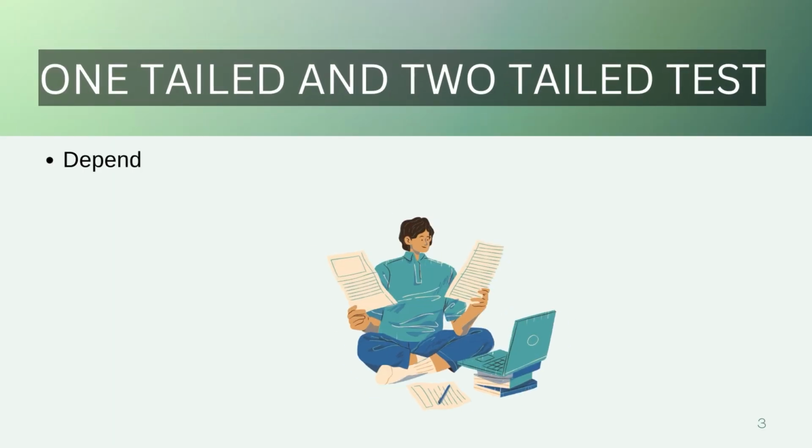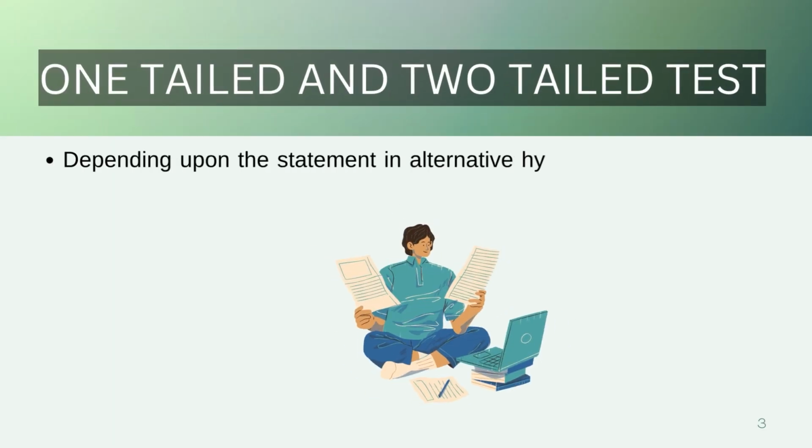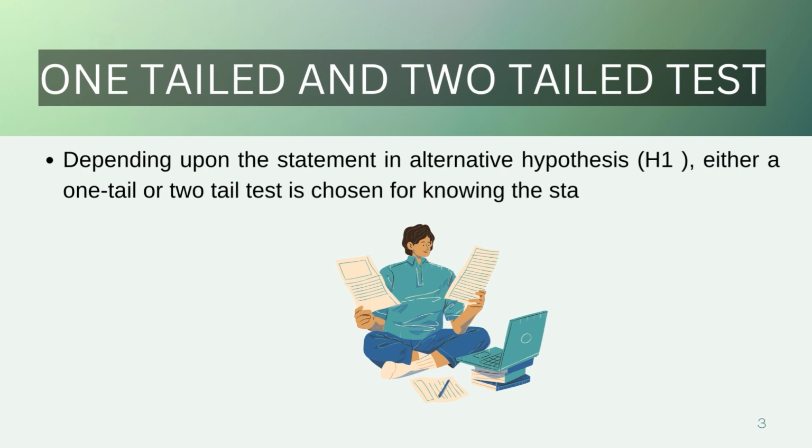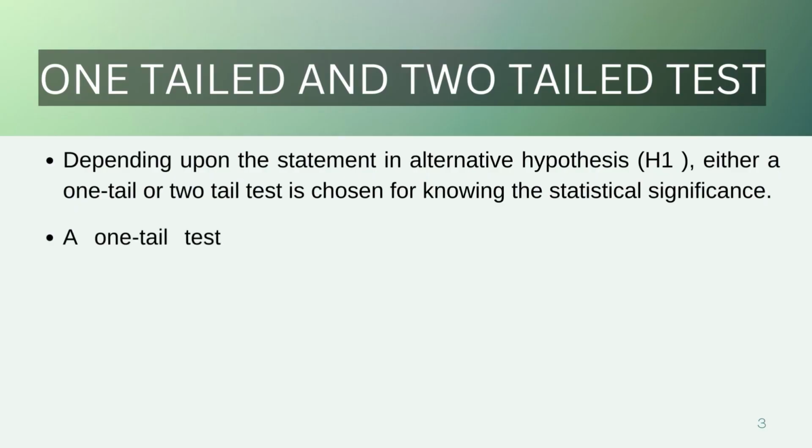Here we can also understand two types of tests about hypothesis testing, one-tail and two-tail. So, depending upon the statement in the alternate hypothesis, either a one-tail or two-tail test is chosen for knowing the statistical significance. Now, we can try to understand what one-tail and two-tail test is.